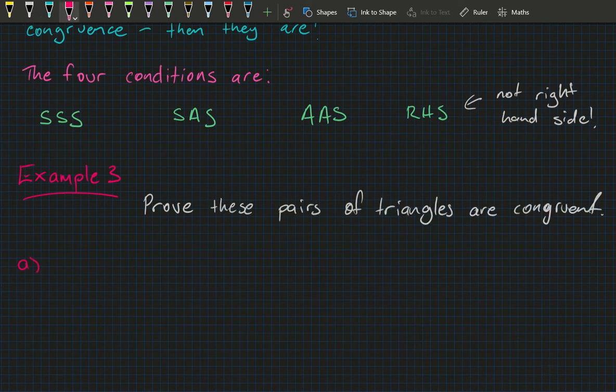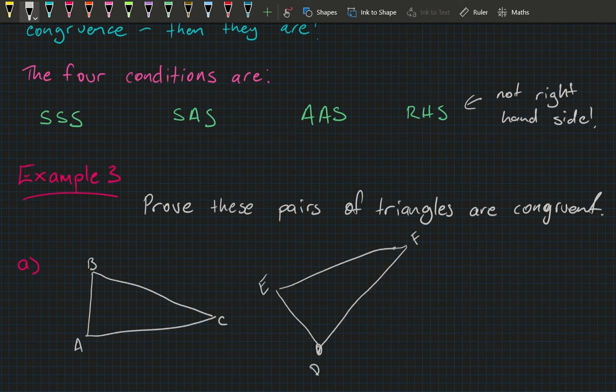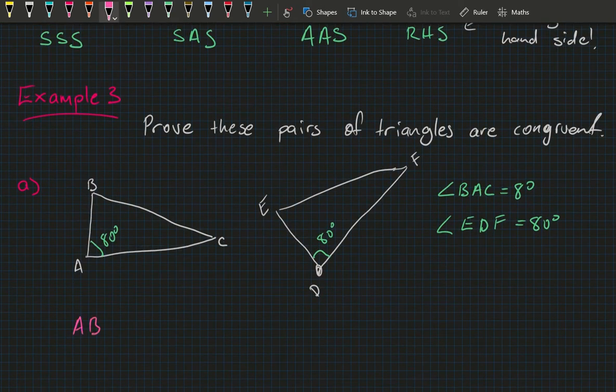In part A, we have a triangle ABC, and another triangle DEF. The angle BAC is 80 degrees, and also the angle EDF is 80 degrees. Another fact is that the line AB is equal to the line DE, and the line AC is equal to the line DF.